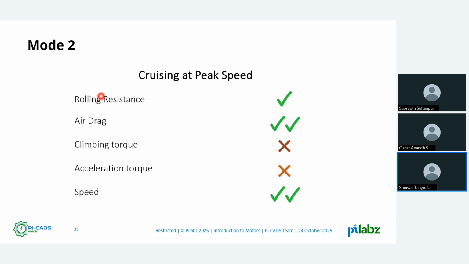If you're going at that speed, air drag will play a major role as resistance because the vehicle has to overcome it. So air drag will be considerable at peak speed, and rolling resistance will be the same, because the tires are only rotating faster, but the resistance is the same. Again, there is no climbing torque and no acceleration torque, and the speed is very high, so the motor is rotating at a very high RPM.